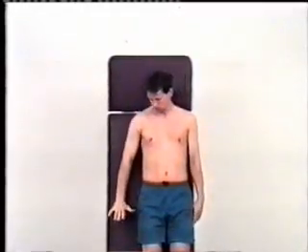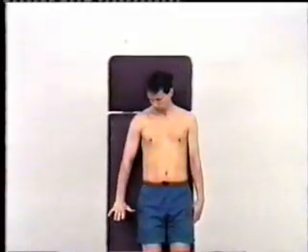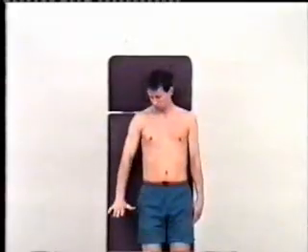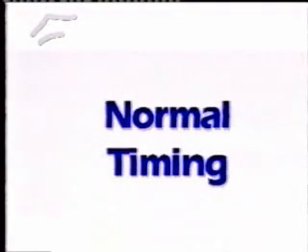The pattern is started in flexion parallel to the body diagonal. The arm is moving along this parallel line in extension, abduction, internal rotation. Normal timing.